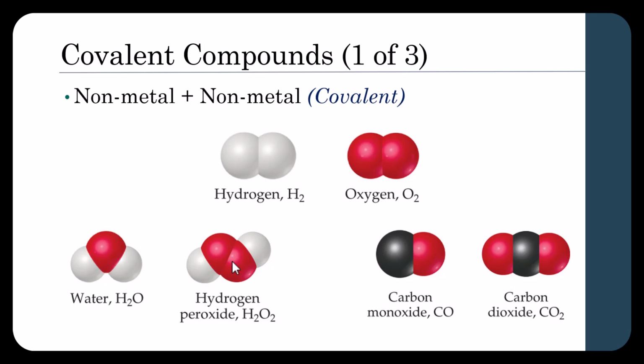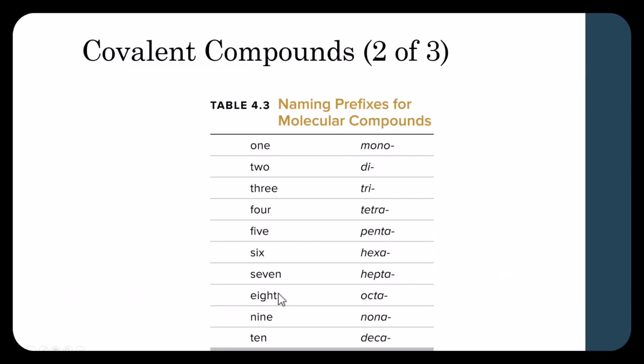Because this can vary from molecule to molecule, it's important that we tell them how many we see. Each of these names will need a prefix, and the prefix tells us how many of that particular atom we have.